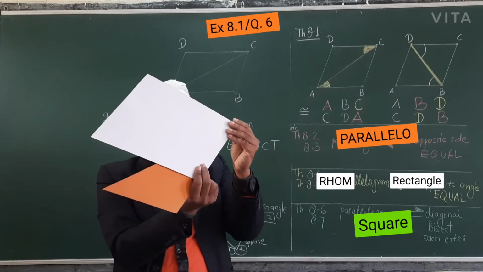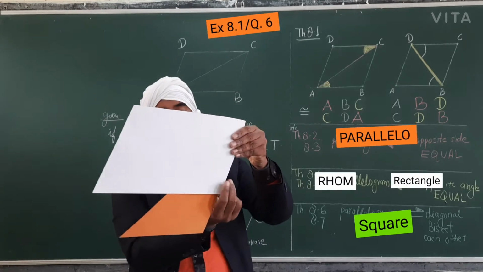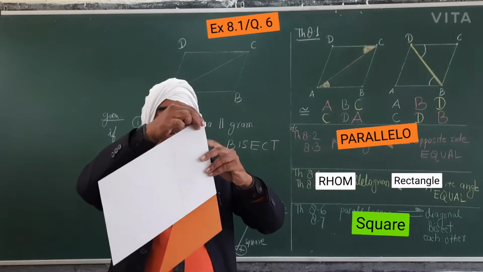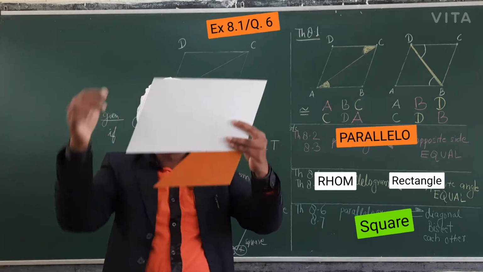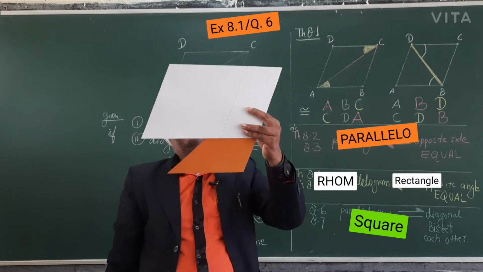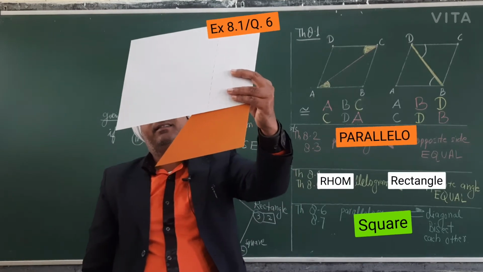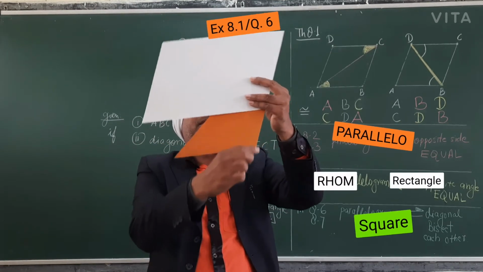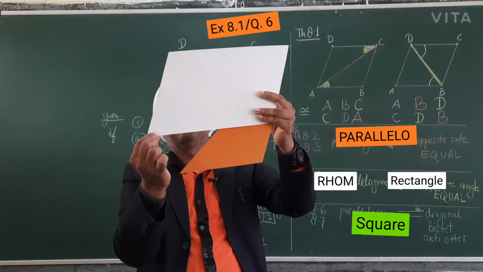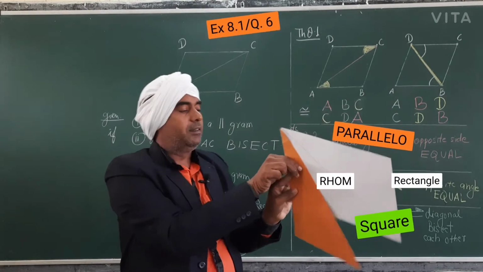This type of question can be formed in your higher classes, in your competitions. This line is parallel to this one. Why is this parallel? Because this angle is equal to this, half of it.